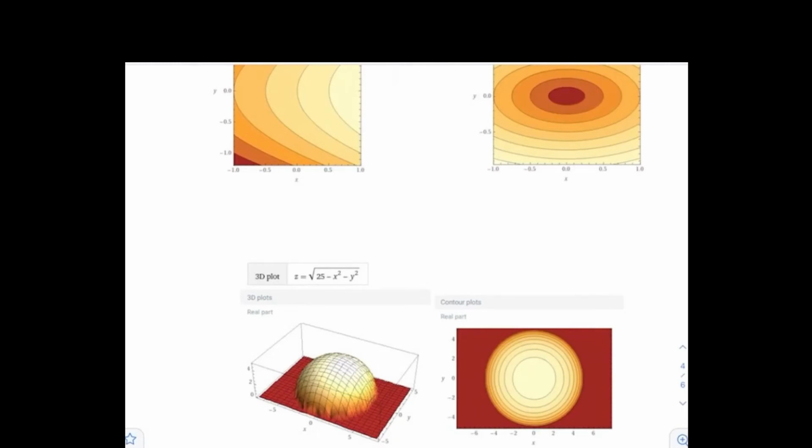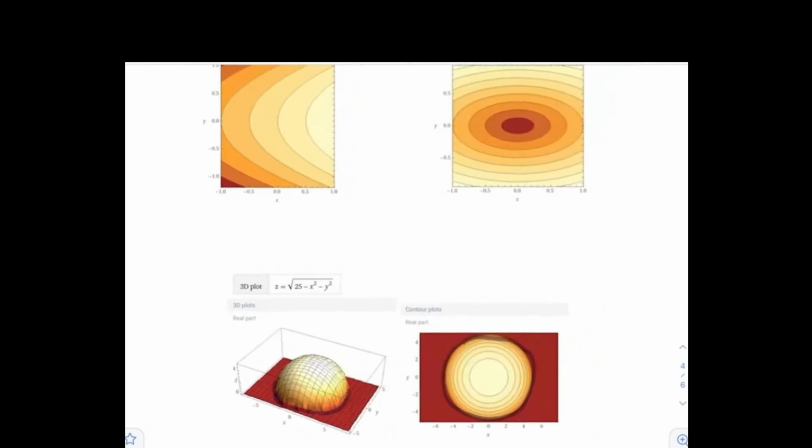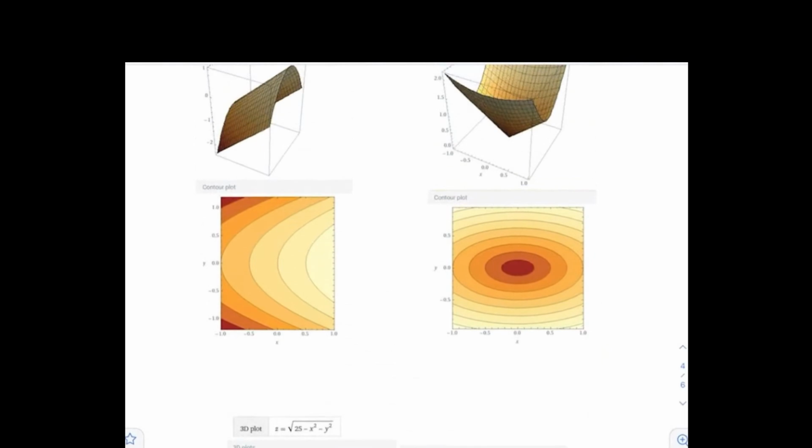And of course, let me go ahead and make a connection here. It represents this part right here, where this dome is touching the xy plane, right? So that corresponds to this outer circle, right? Okay, so these are your contour maps or level curves.